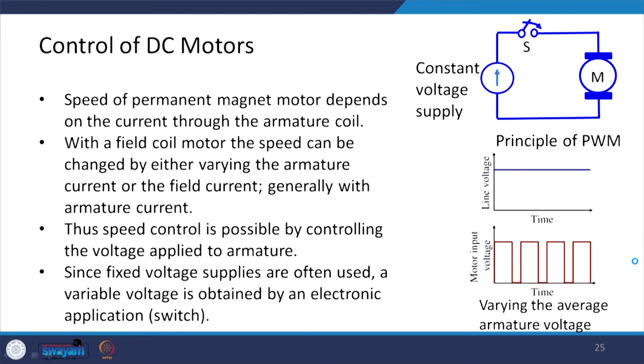So, if it is a permanent magnet motor, then you have to do with the current through the armature, and if it is a field winding, then you can try to control it with either the field current or the armature current, okay.